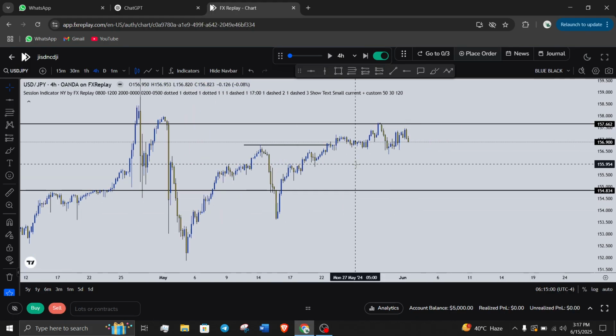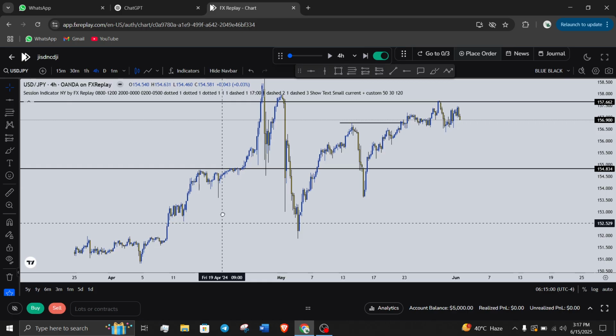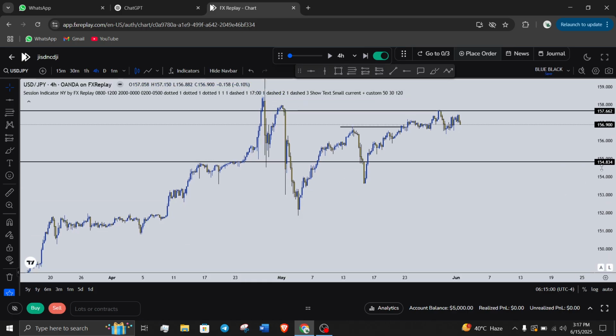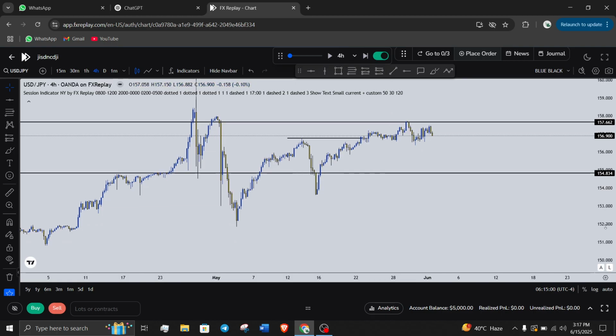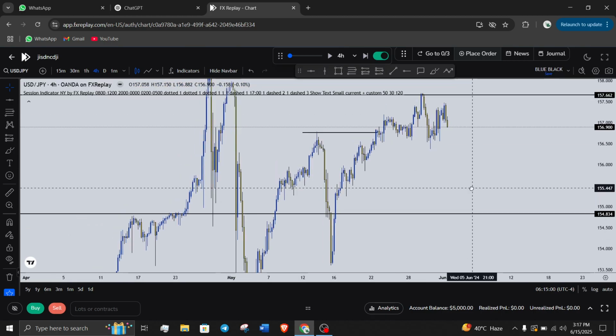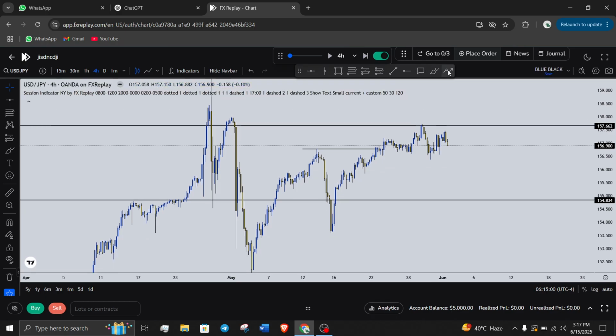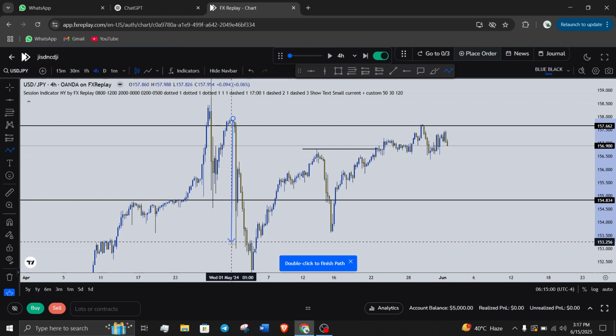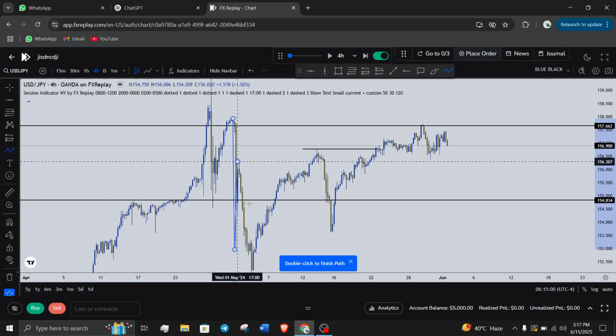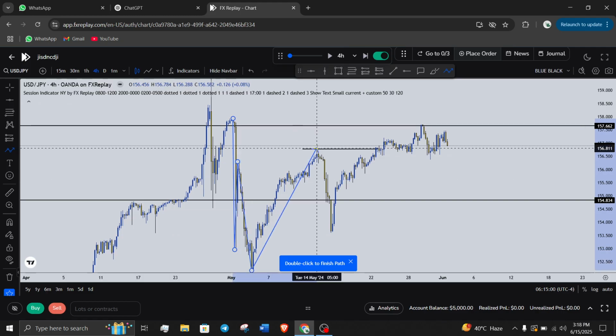Now on the 4 hour time frame, we can see we had this sharp drop. We went up, came down, breakout structure, and boom. So in terms of waves, we are actually moving in this way.